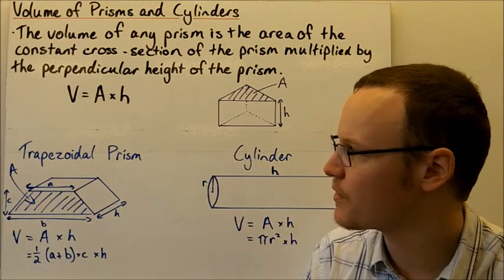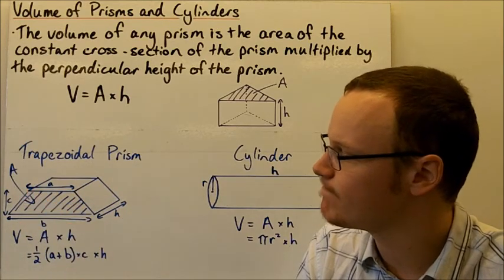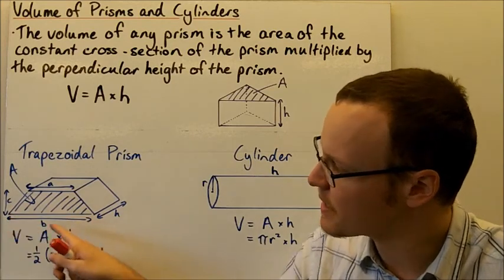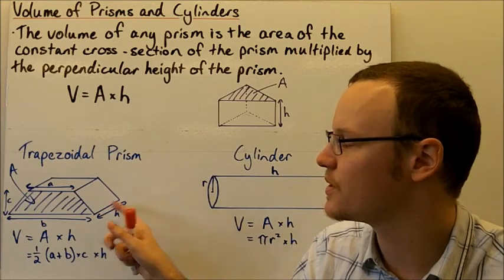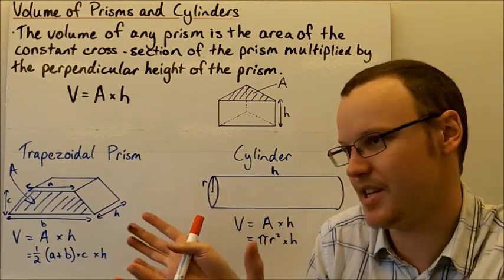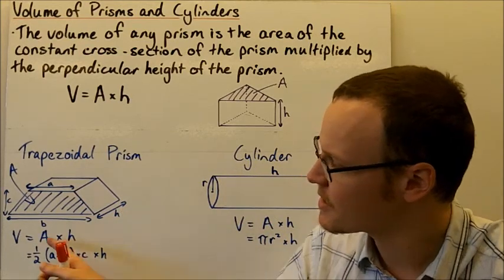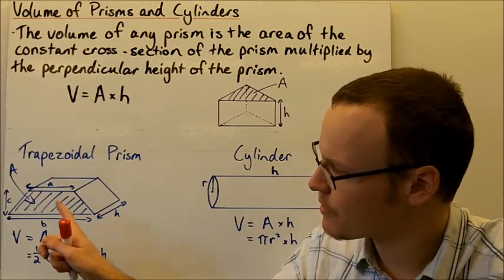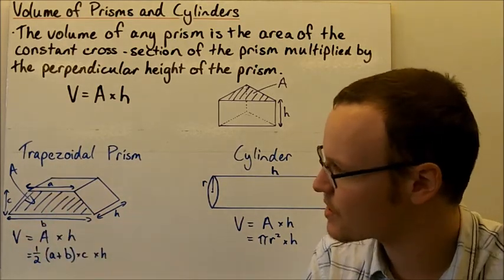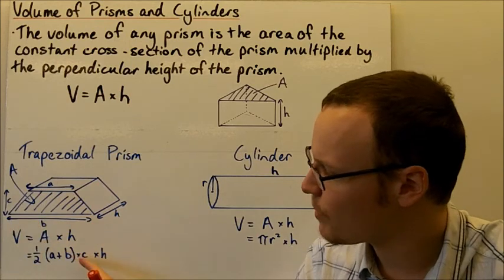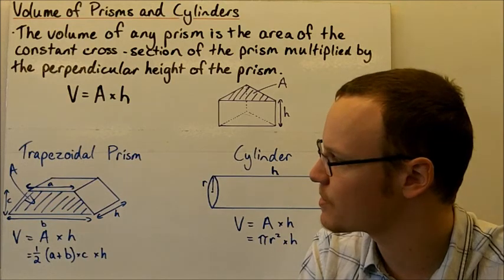So for the formula, if this top dimension of our trapezoid is A, this is B, and the height of our trapezoid here is C, and the height, or the length, width, depth, whatever, of our prism is recognised as H here, it's the area times H. So the area of a trapezoid is given by this rule, 1/2 times (A + B), all multiplied by C, the perpendicular height of the trapezoid.